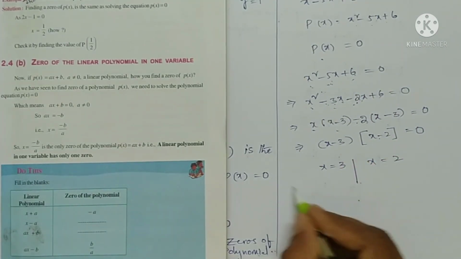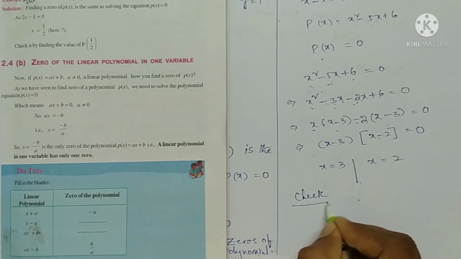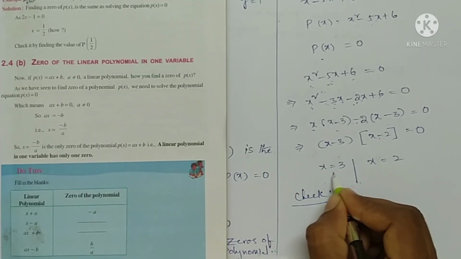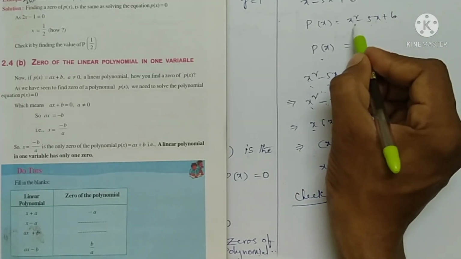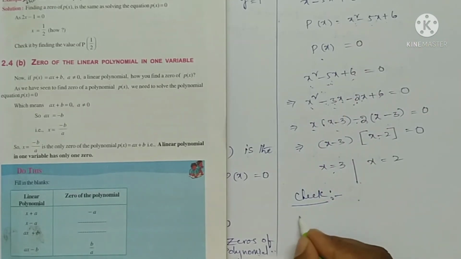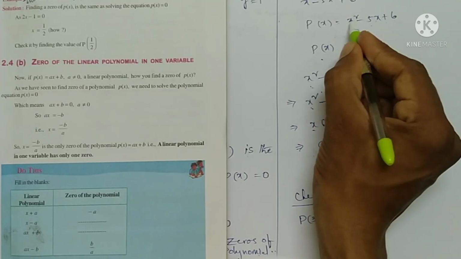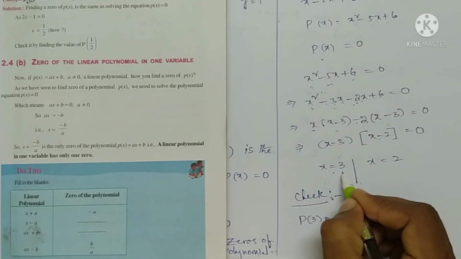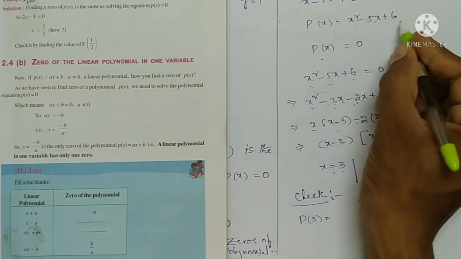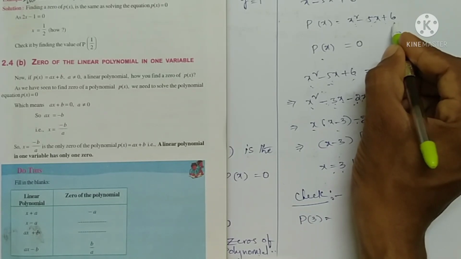So let's check. Substitute x equals 3 in our given polynomial. P of 3 is equal to 3 square minus 5 into 3 plus 6, the constant term as it is.